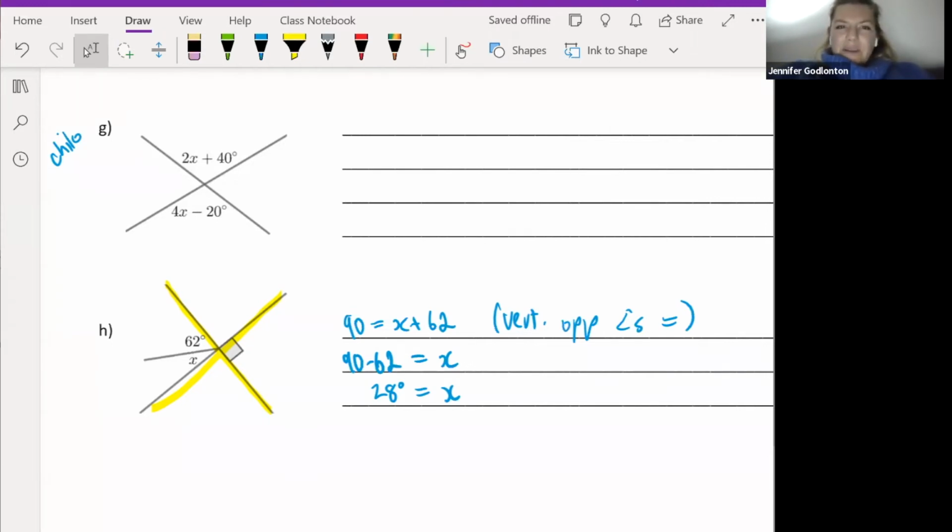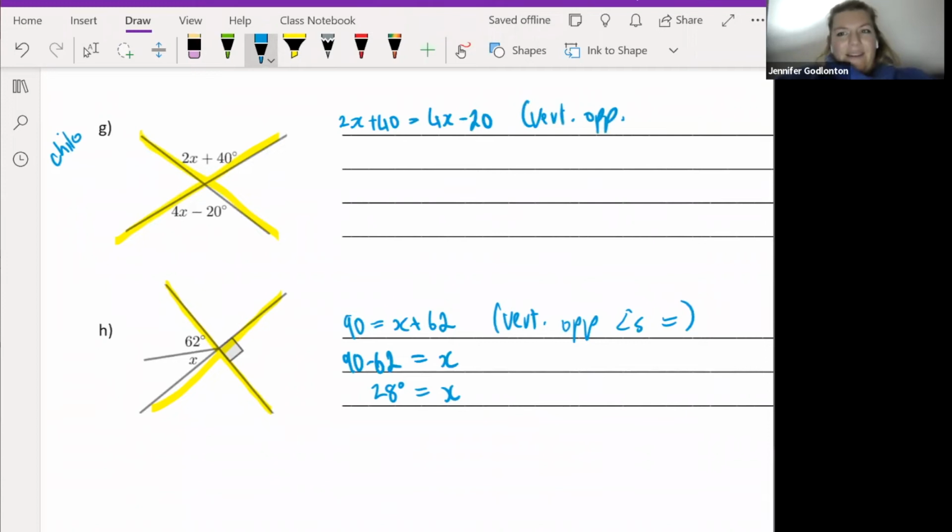Okay, Chilo, can you put your hand up so I can unmute you and you can go through G with us? Thank you. We're all yours. Yes, ma'am. So you both know the angles are parallel, so they equal each other. So you're going to say 2x plus 40 equals 4x minus 20. Then you write the rule: vertically opposite angles are equal. Next line. Then you move x on one side and the constant number on the other side.